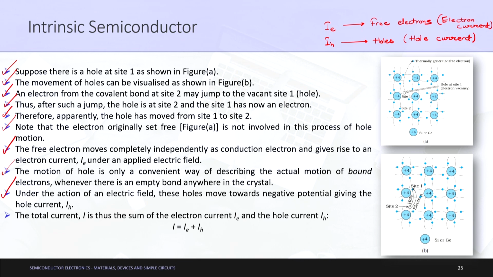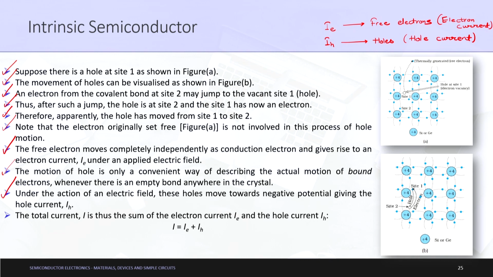How it is being produced, I will try to explain in subsequent classes, but for now please try to understand, we are trying to understand two different topics. One is that the number of electrons is equal to the number of holes is equal to Ni, that is the concentration concept, and another concept is the electron current and the hole current. Under the action of an electric field, these holes move towards negative potential, giving the hole current IH.